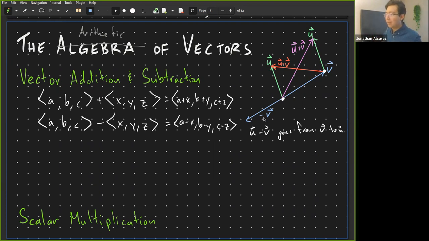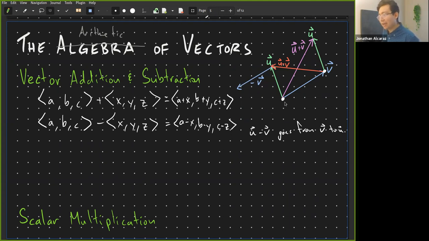And now how did this help? Well, if we then take this vector that we just created, and we move this up here, like a head to tail thing, then we can see that the addition of U to negative V, if we add those two together, is going from here to here.